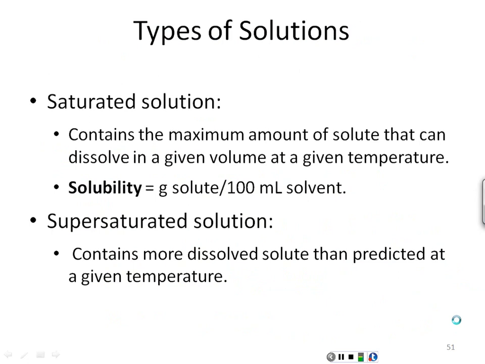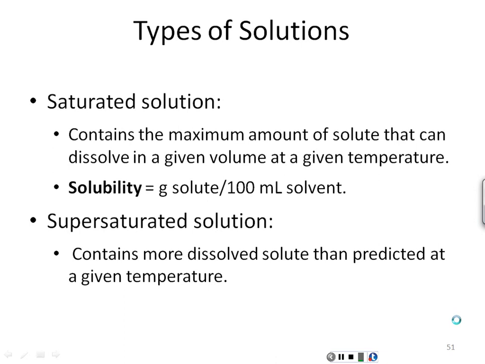All right, let's talk about different types of solution. One type of solution you could have is a saturated solution. This contains the maximum amount of solute that can dissolve in a given volume of solvent at a given temperature. So solubility changes with temperature.